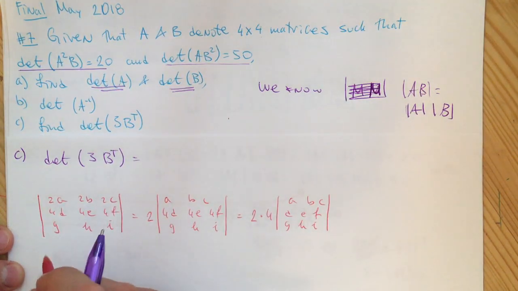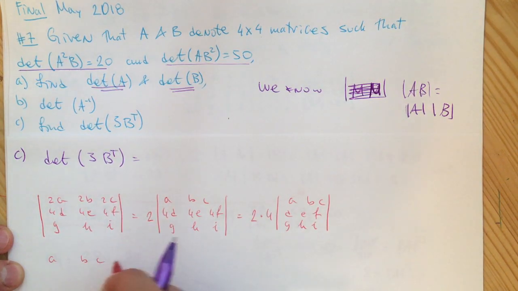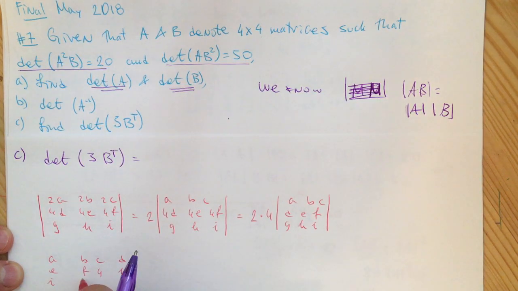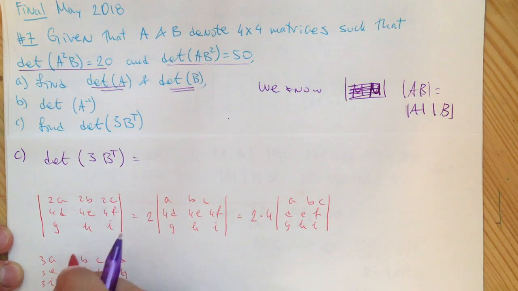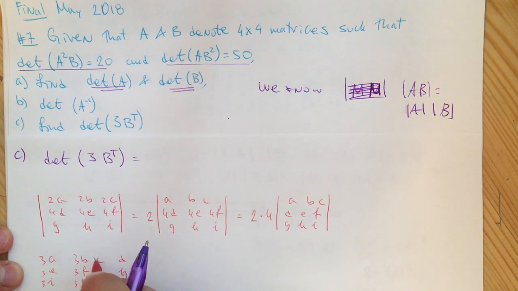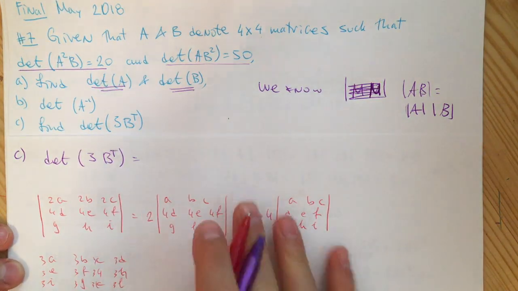So we would get, I don't know, A, B, C, D, E, G, H, I, J, K, L, M, N, O, P. And when I multiply this by 3, that means that every single term will be multiplied by 3, okay?